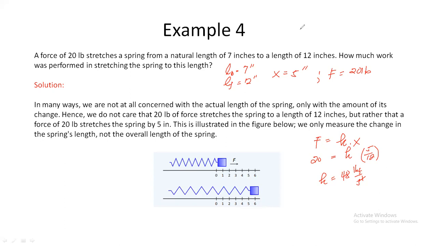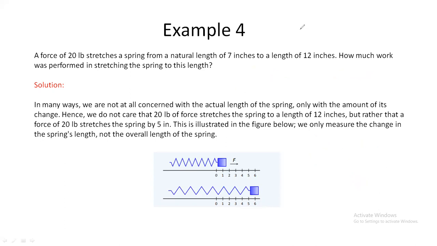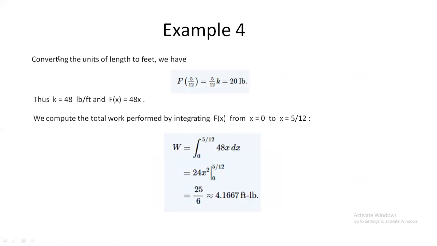So I will clear my markings here. Proceed to the next one. Converting the units of length to feet, we have done that already. So this is the K that was shown to you. Since you already have the K, your force is Kx, right? So you substitute the constant, 48x.